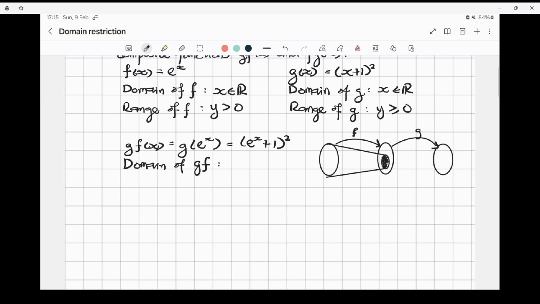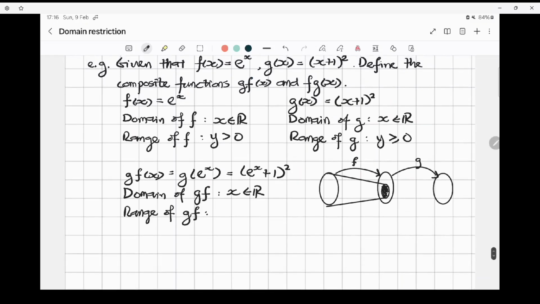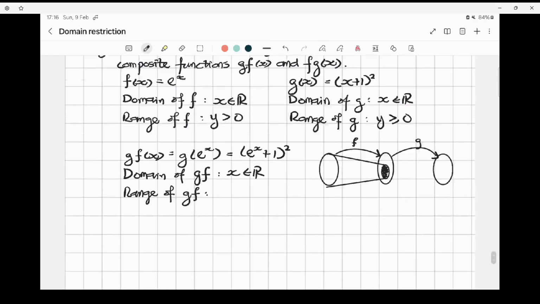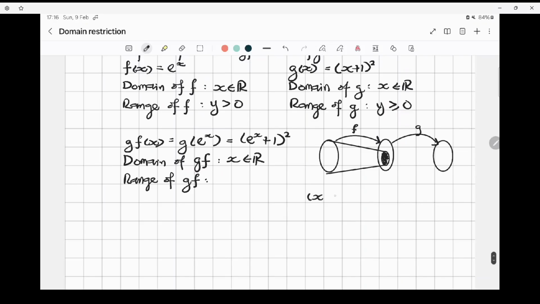So let's go back to the domain of g of f. Basically, this will be equal to the domain of f, which is all of R. Now let's look at the range of gf. Because you limit the domain of g in this case to positive numbers, you just look at this particular graph.